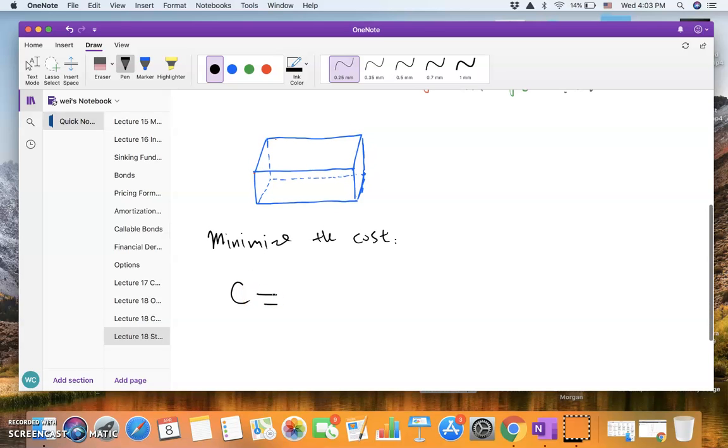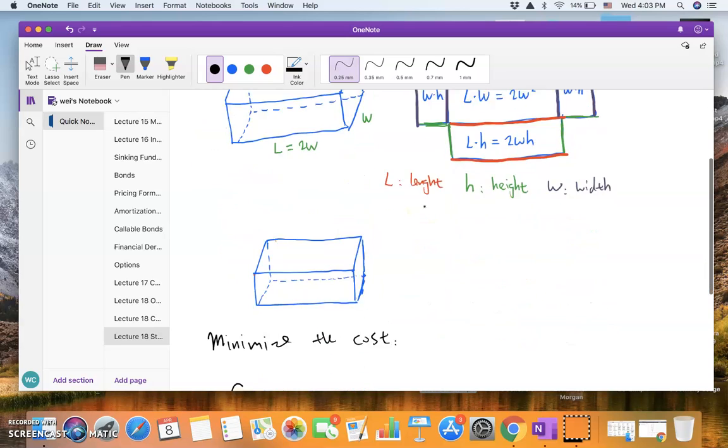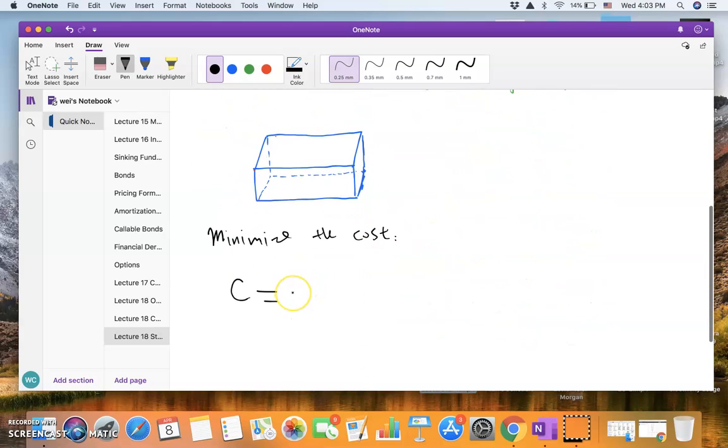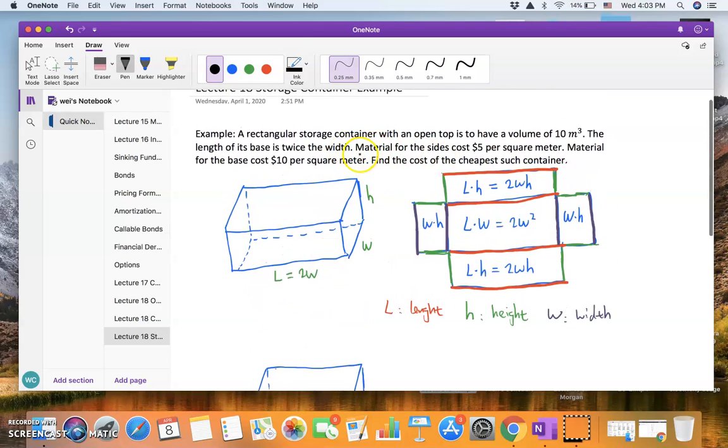Next, I want to use the information given in the problem to try to find the function of the cost. The material for the sides costs $5 per square meter, and the material for the base costs $10 per square meter.